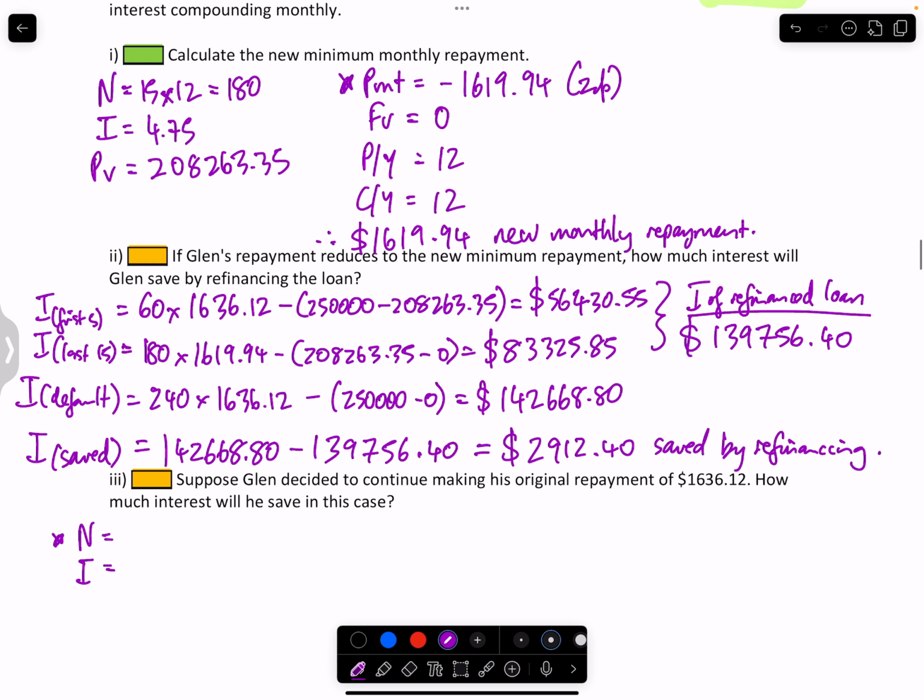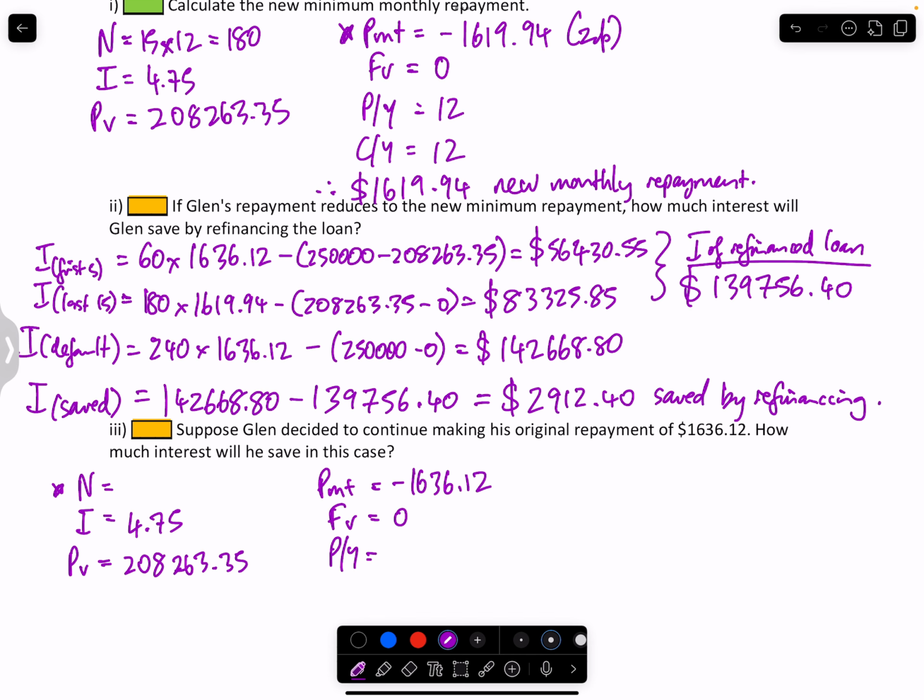So we're solving for N, 4.75. PV was what he's still owed after the first 5 years, 208,263.35. He's happy with paying 1636.12. I don't want to owe anything at the end of the loan.